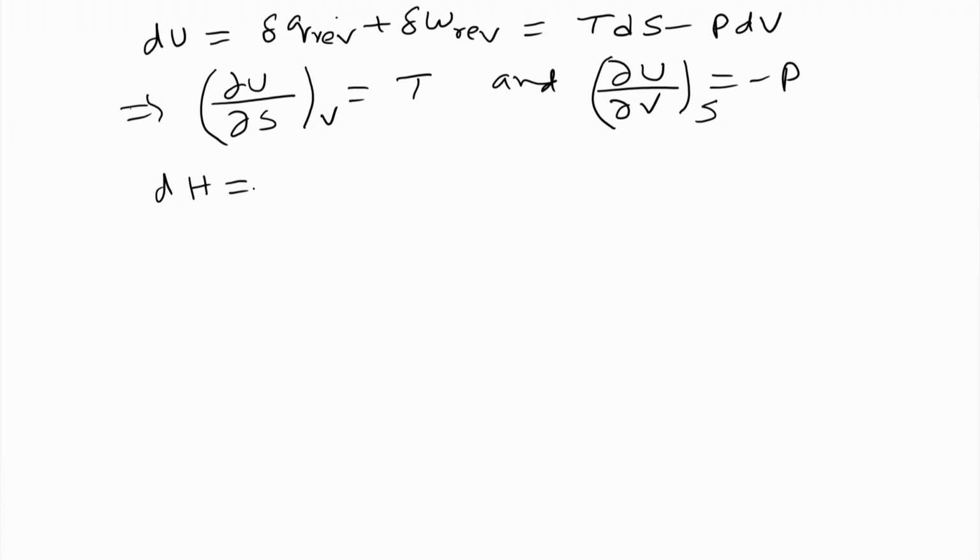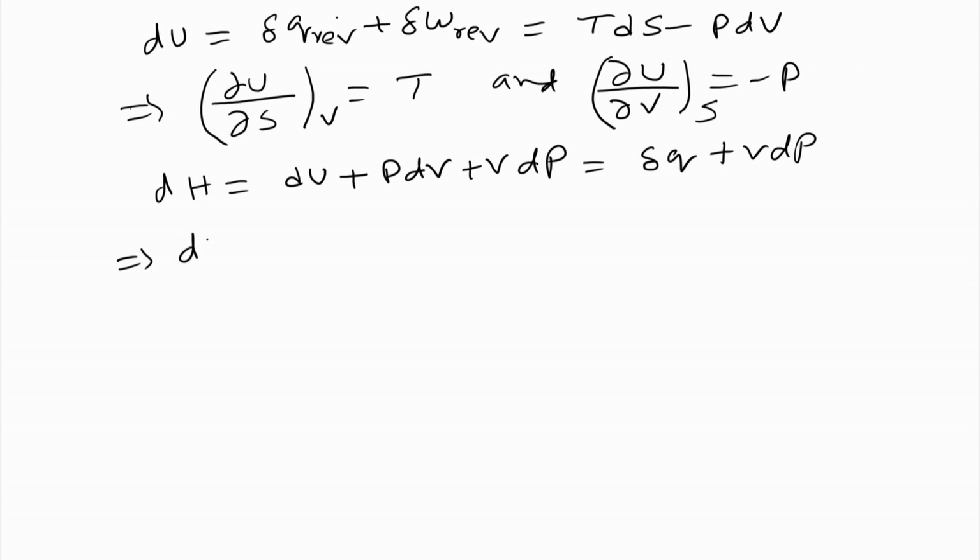Now, we also got dH. dH is nothing but dU plus PdV plus VdP. So dU plus PdV is del Q, plus VdP, and del Q is TdS, so dH is TdS plus VdP.